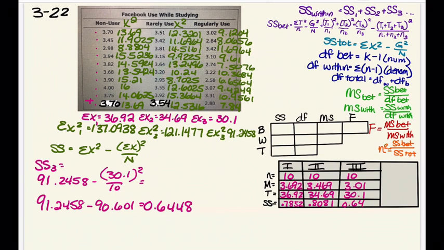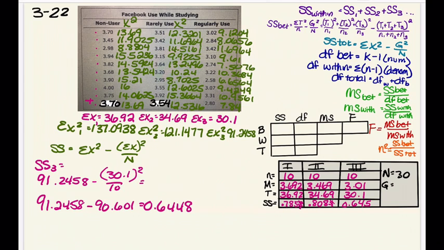And our third is 0.645. Our capital N value will be the total number of participants in the whole study, which will be the sum of each of our treatments or populations. In this case is 30.